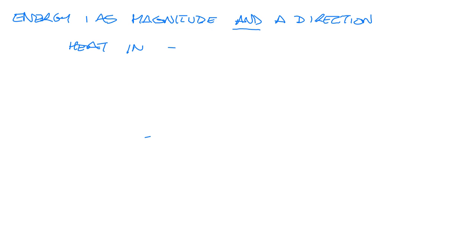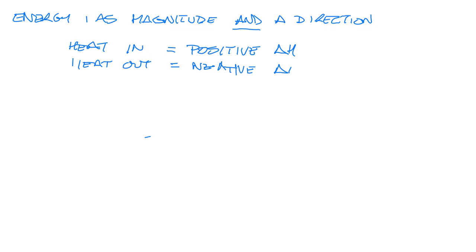So heat in gives me a positive delta H, and heat out gives me a negative delta H. We call the first one endothermic, and we call the second scenario exothermic.